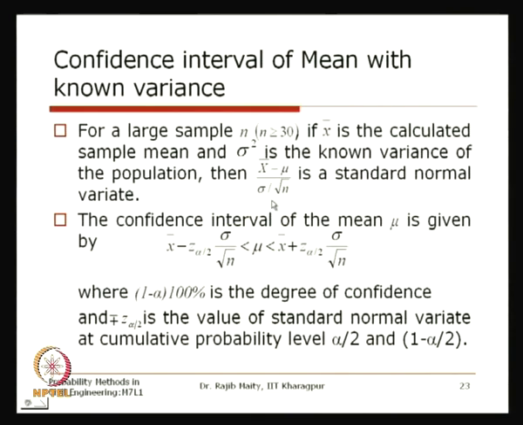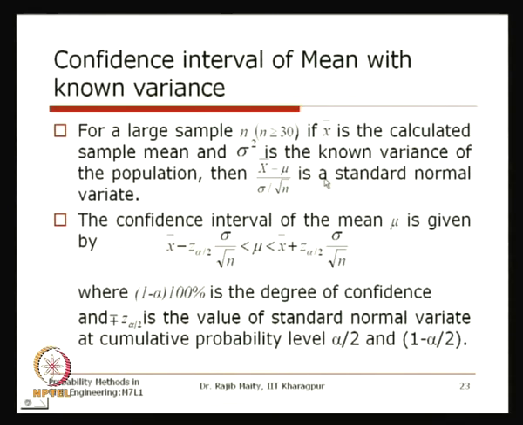Now that we know this quantity follows the standard normal distribution, we can calculate whatever confidence interval we are looking for. So the confidence interval of the mean mu is given by x bar. Basically we are just equating it with the two sides of the standard normal distribution.